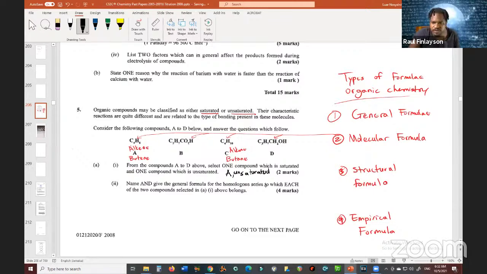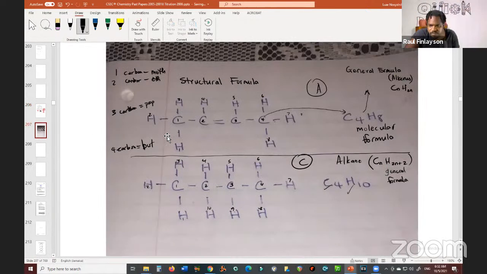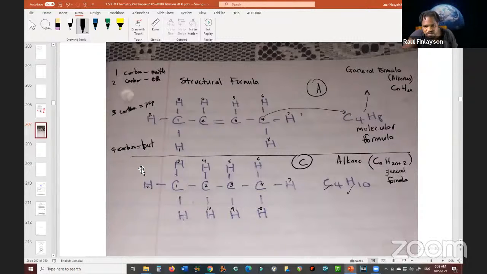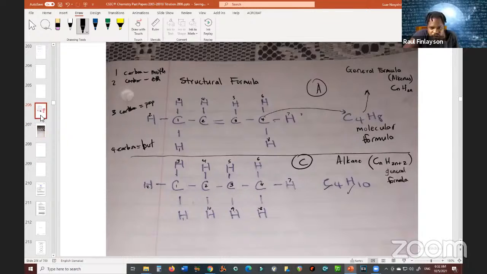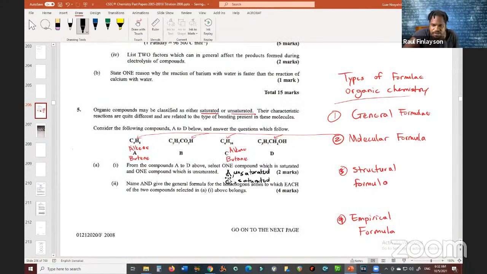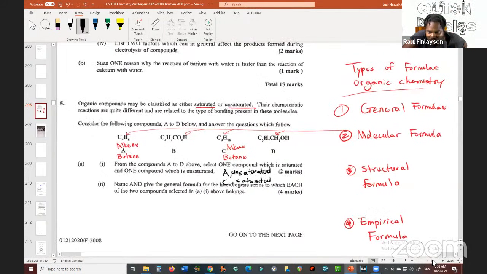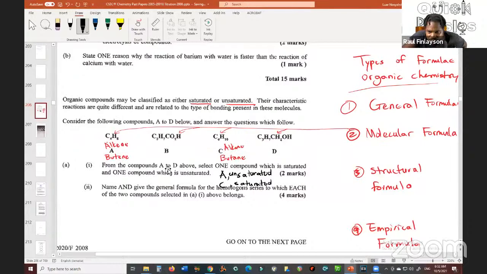And then of course C is saturated. C is saturated because when it is drawn out or expanded, it has all single bonds, so there's no space for anything to go on this compound unless you do substitution, which we'll talk about later on. But certainly A and C will be the answers here, guys. Any questions here, guys? No, sir.